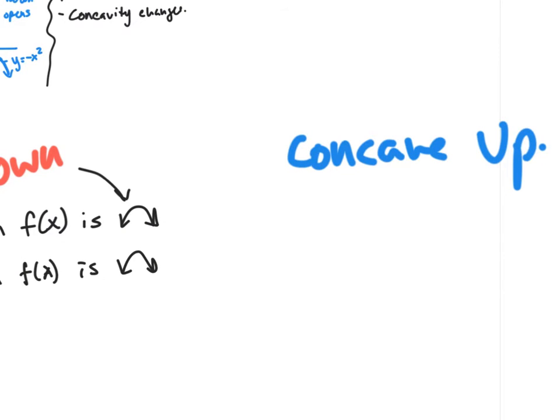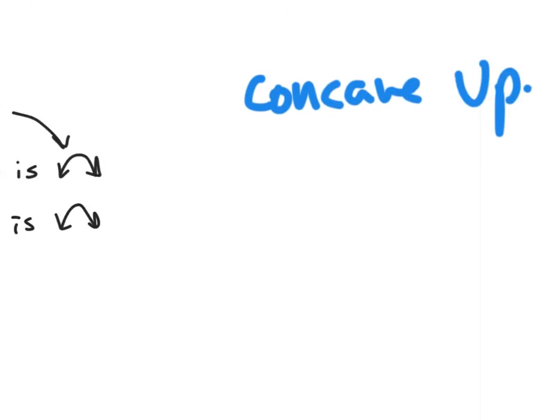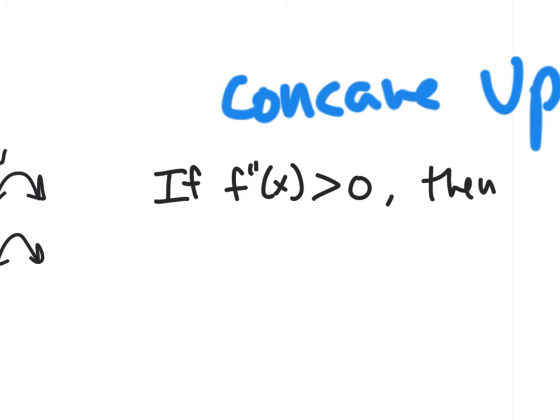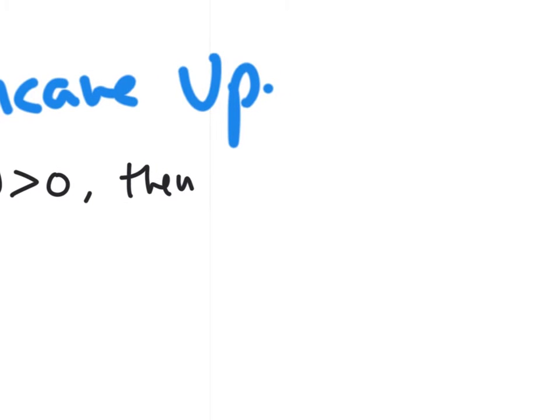If we come in here and say, if f double prime of x is greater than 0, if our second derivative is positive, then we can say that f of x is concave up, meaning it opens up.